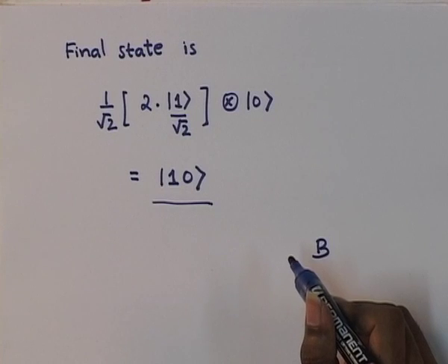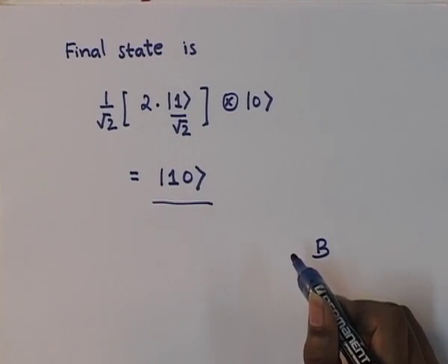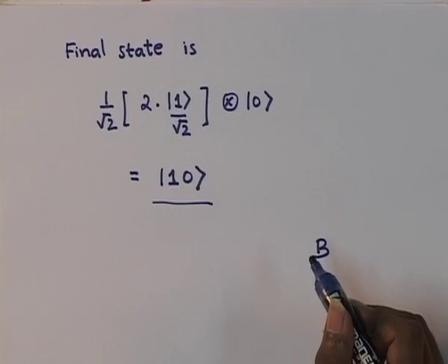And option C, 1 by square root 2 qubit 0 0 minus qubit 1 0.